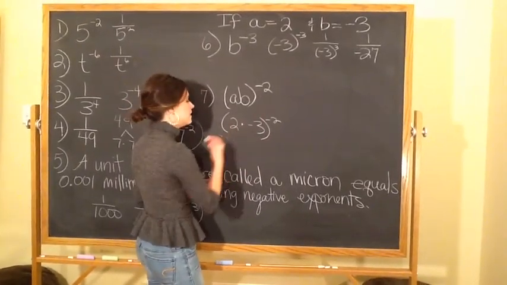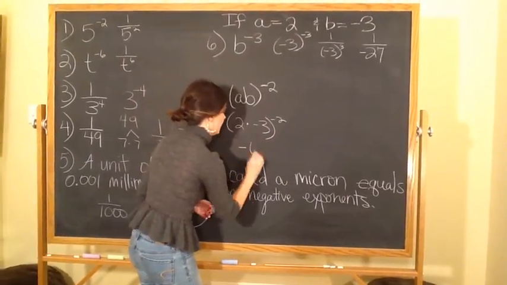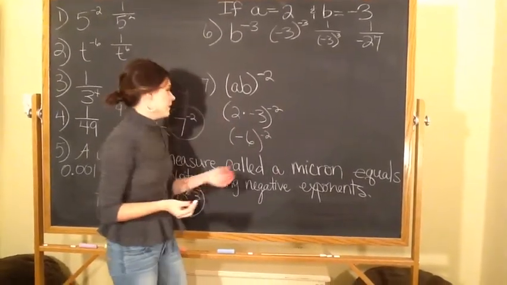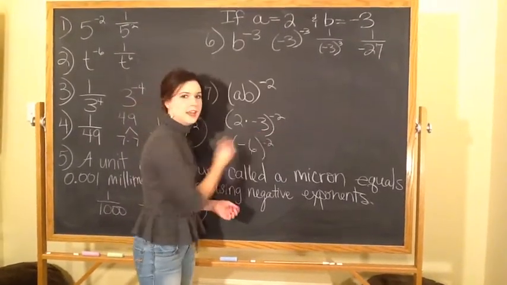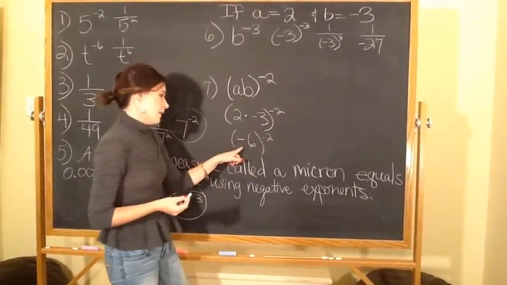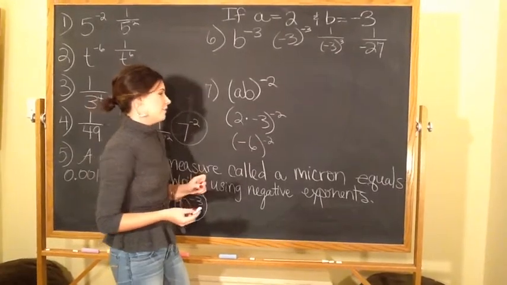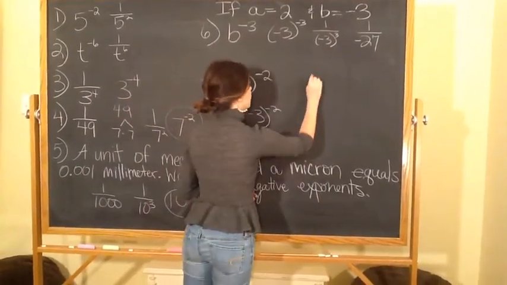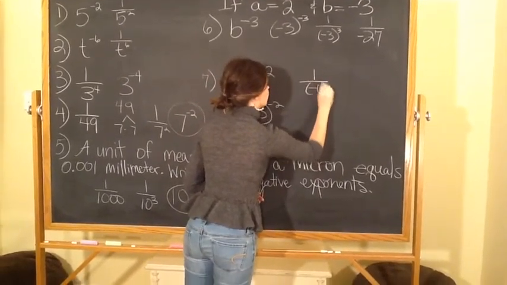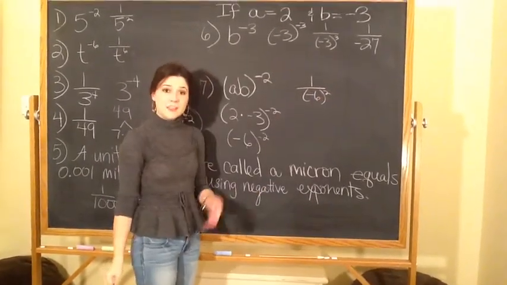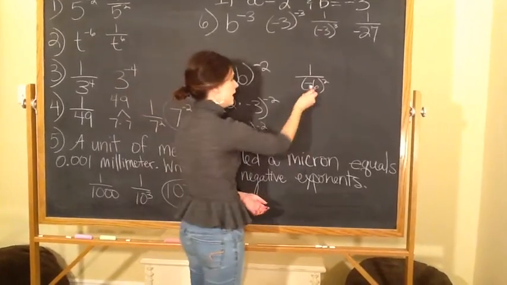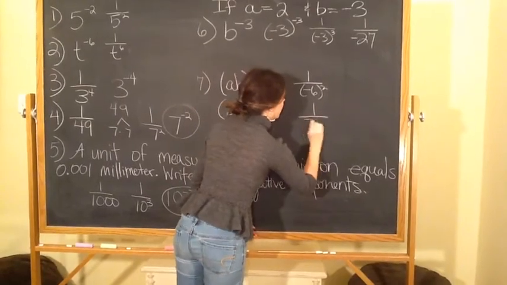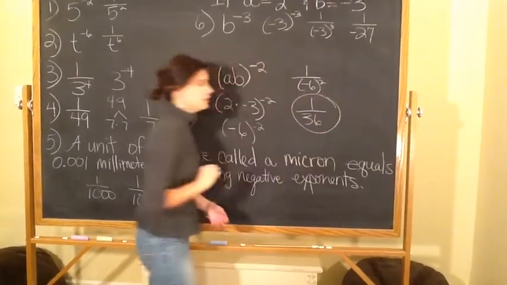So 2 times negative 3 is going to give you a negative 6. We have to keep that in our parentheses because we're raising this whole thing to the negative 2 power. Now if we have negative 6 raised to the negative 2 power, the next step is to make it a positive exponent. So we're going to do 1 over negative 6 squared. Our last step is to square our negative 6. So negative 6 times negative 6 is going to give you a positive 36. So 1 over 36 is our final answer.